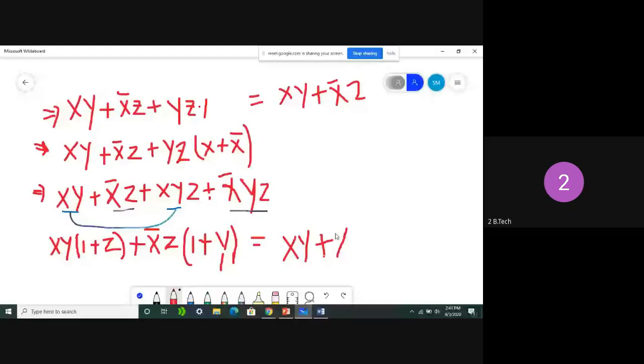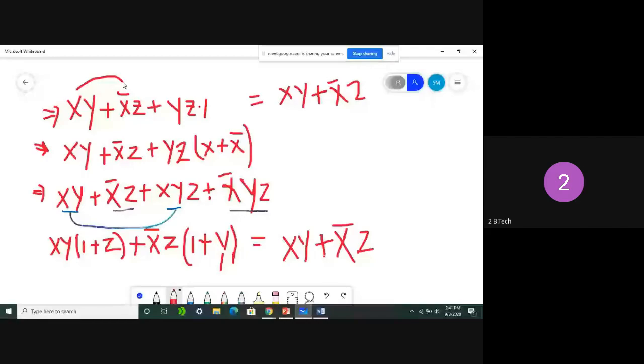One more thing we need to observe clearly. Can anyone tell me what observation we can have here? See, on the LHS, how many product terms are there? 3 product terms.